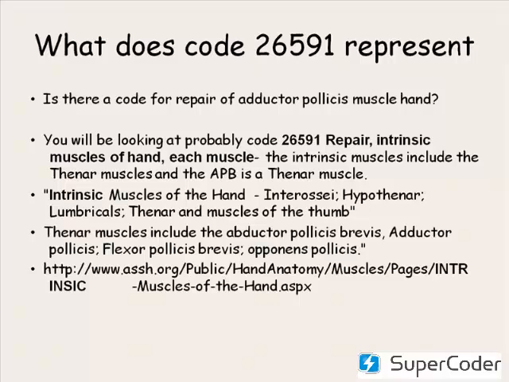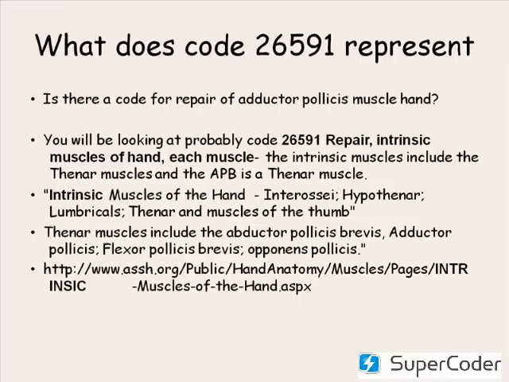And it says for each, so you need to know what those intrinsic muscles are. If they talk about doing repair of the hypothenar, or the flexor pollicis brevis, those are things that would fall under that. Many times we've been using unlisted codes because we couldn't find a repair of a muscle in the hand area. Understanding what group of muscles 26591 can represent, we may now be able to do better coding.